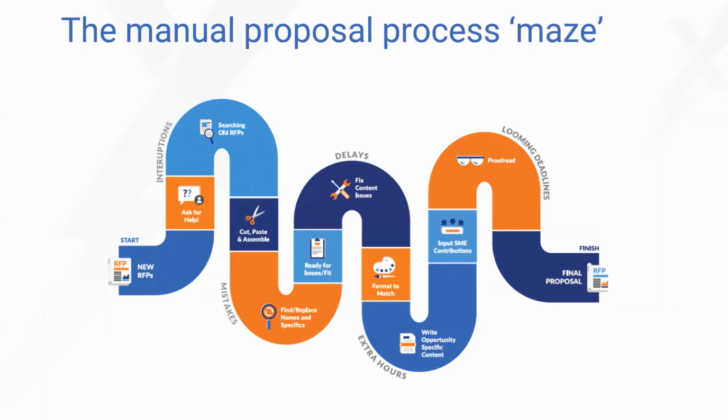Look, get that new RFP in the door, and the process of going around from person to person and document to document and copying and pasting and trying to make this end result look consistent with messaging and branding and then meeting the deadlines to push this proposal out in time. That back and forth is really common for most organizations that I've worked with and customers that I speak with, even still to this day, that have a manual proposal process in place.